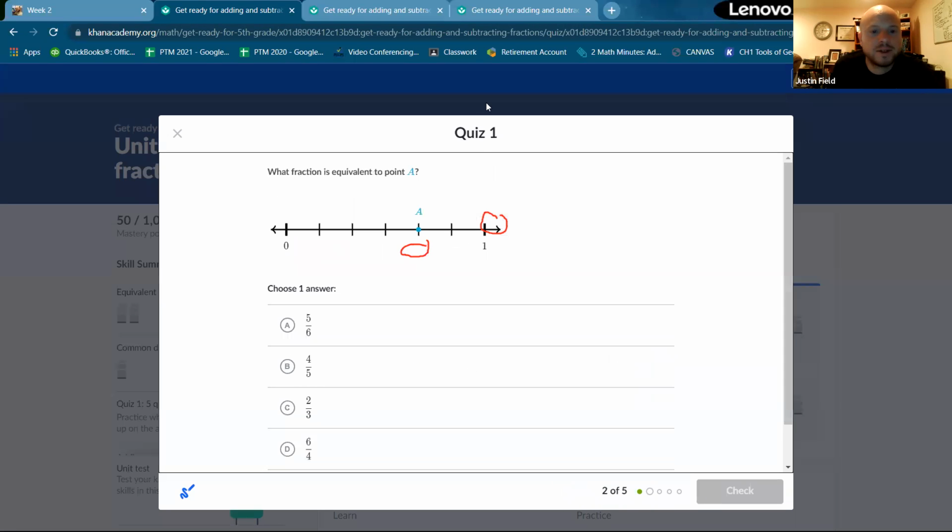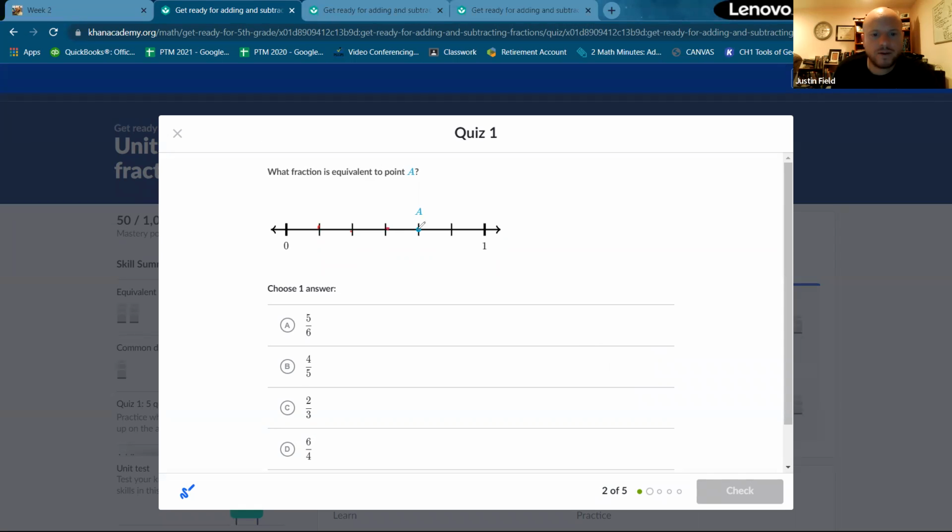That's the first step. Okay, what fraction is equivalent to point A? So now I'm going to count my tick marks here. I got 1, 2, 3, 4, 5, 6. That means this is 1/6, 2/6, 3/6, 4/6, 5/6, and 1 is the same as 6/6. So 4/6.